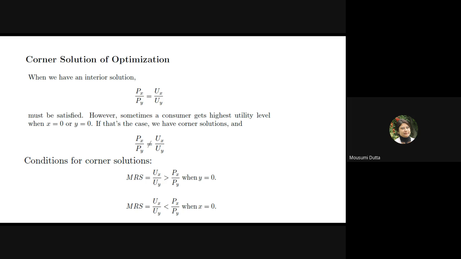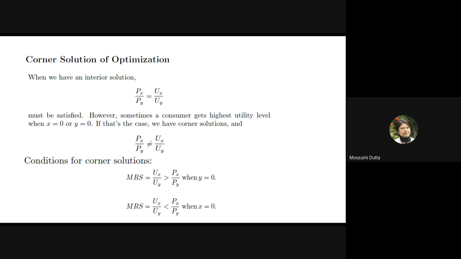Alternatively, if Ux by Uy is less than Px by Py for the entire span of my budget line, I will continuously substitute X by Y. Finally, I'll stop when X is absolutely equal to 0, because I will not be able to increase my consumption of Y further, as X would become negative.